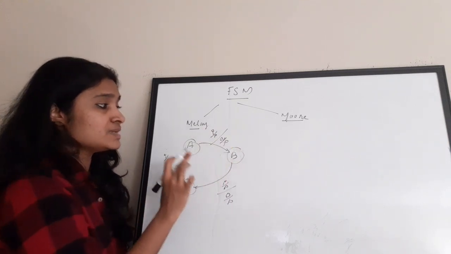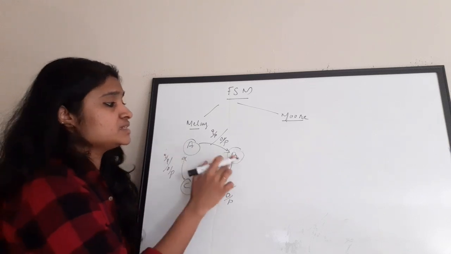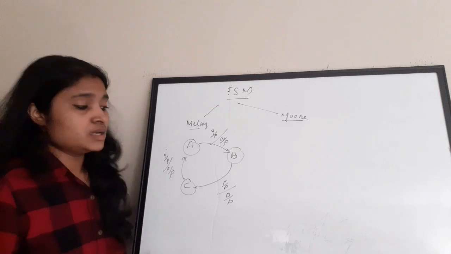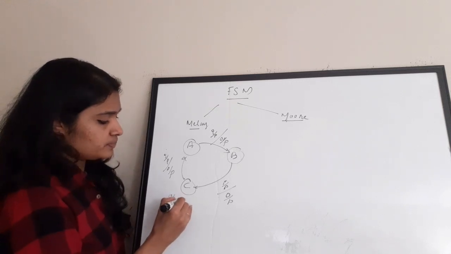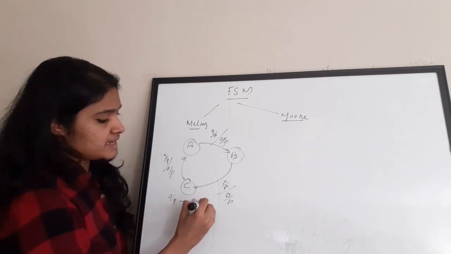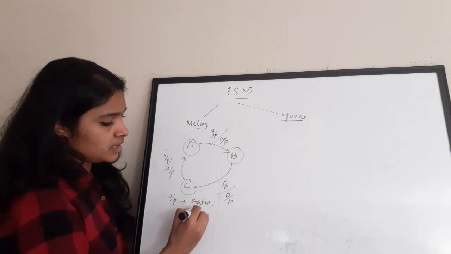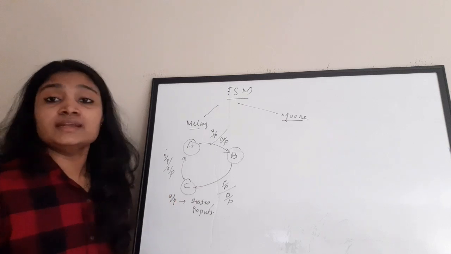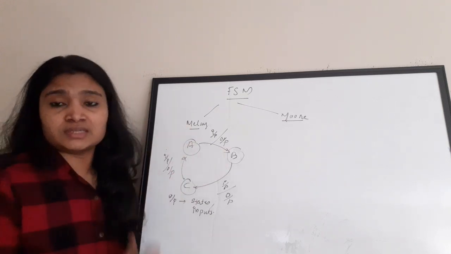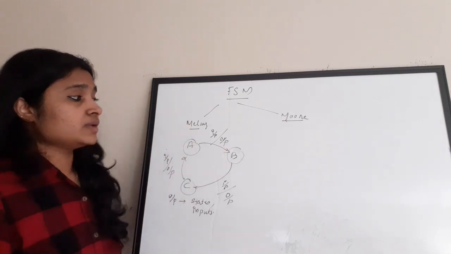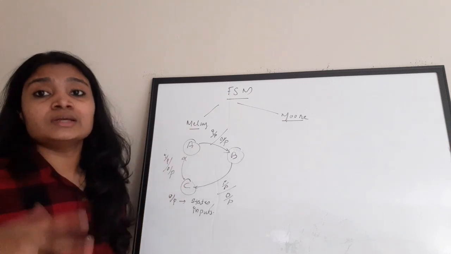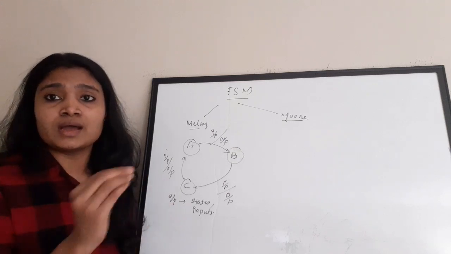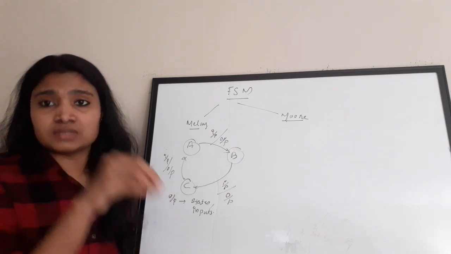So this output depends on the states and also on the inputs. So the output will depend on states, comma, inputs. Then that type of representation is called a Mealy FSM. So that is one thing you should know about the Mealy FSM: its output depends on the state and also on the various inputs at each state.